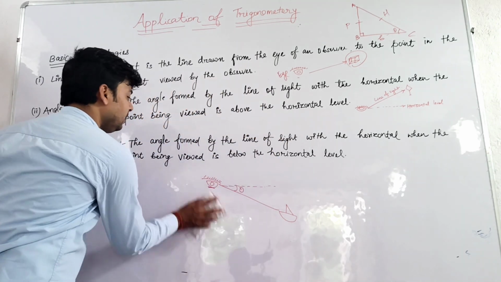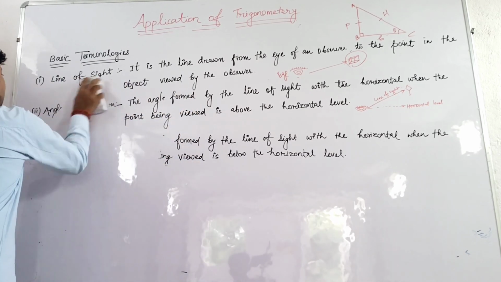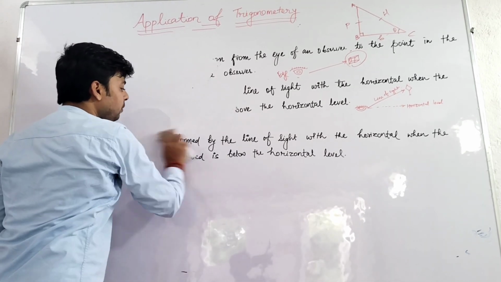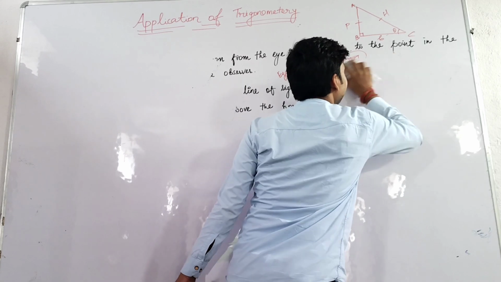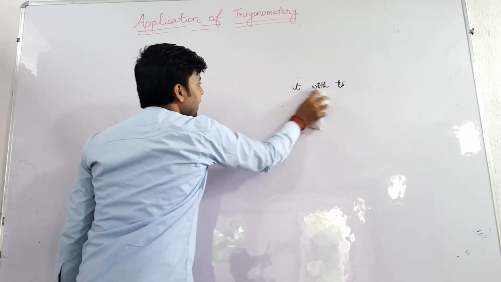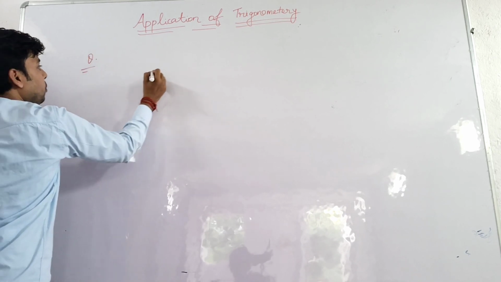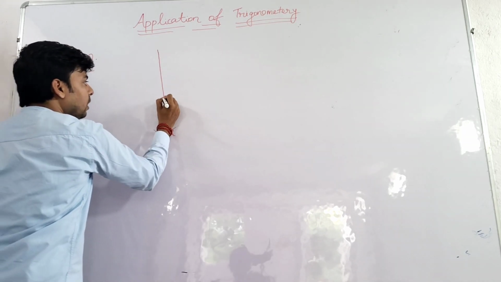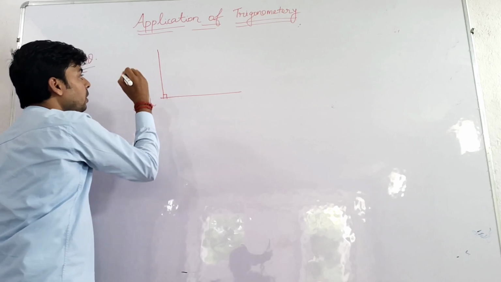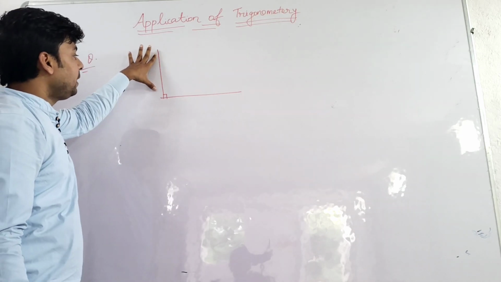Now to understand it, we have to solve an example. With that example we can clearly understand it. So what is that actually? Suppose a vertical tower is standing on the ground. What do we mean by a vertical tower?